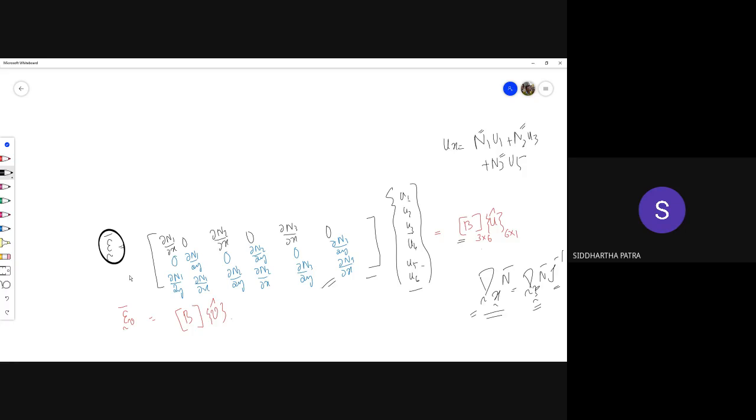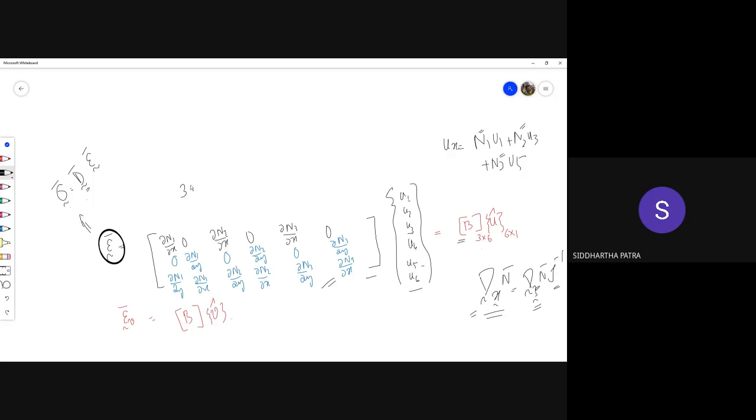Because strain is a constant, stress, which is the plane stress or plane strain elasticity tensor times strain, is also not a function of xi and eta within a given element. So basically the stress is also a constant.